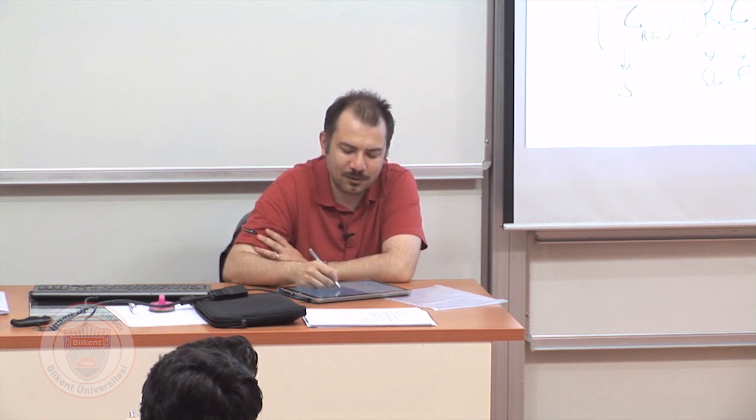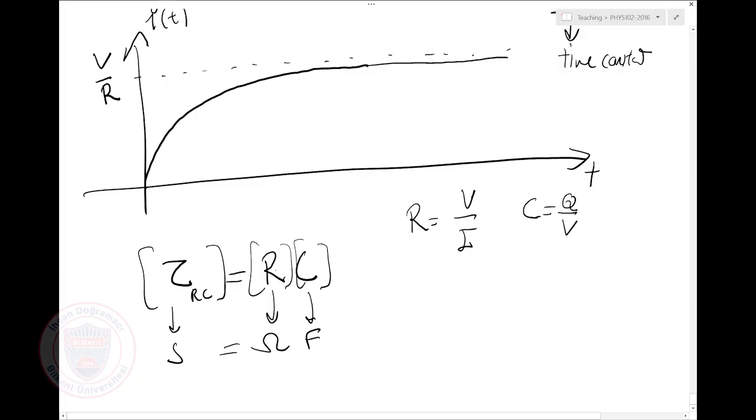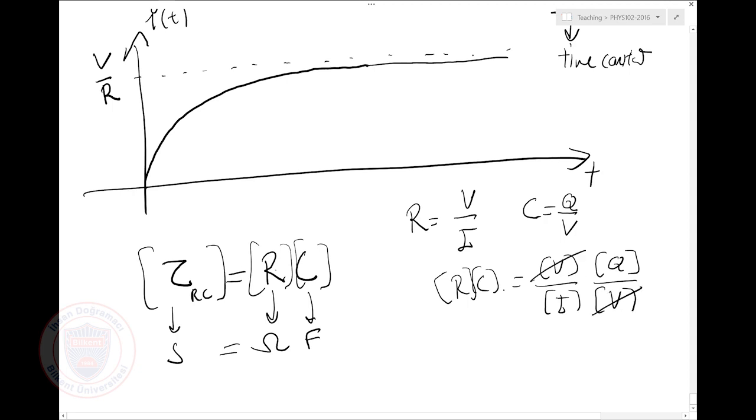Think about the definition of R. It's V over I. How about the definition of C? It's Q over V. If I multiply R times C, at least unit-wise, it should be the unit of voltage divided by unit of current, times unit of charge divided by unit of voltage, which cancel.